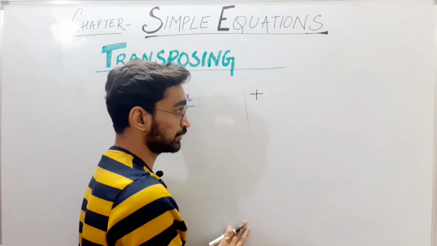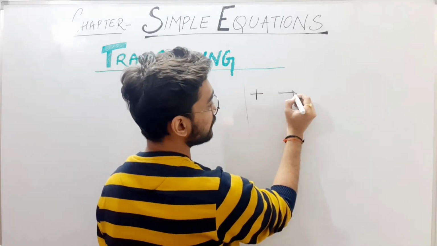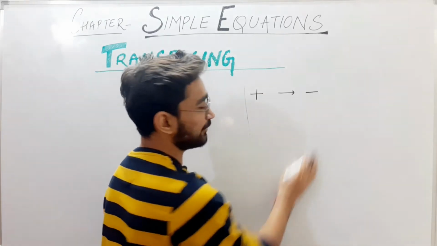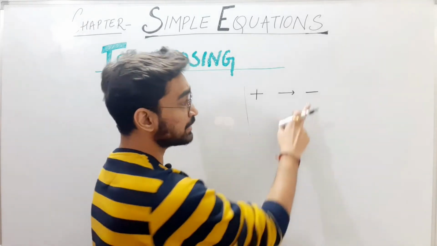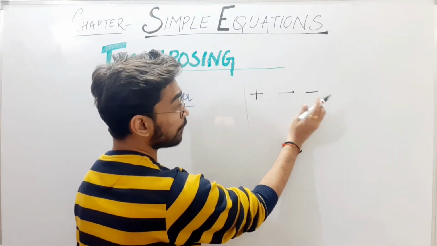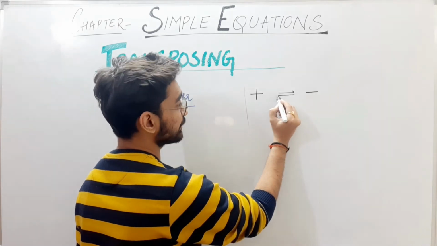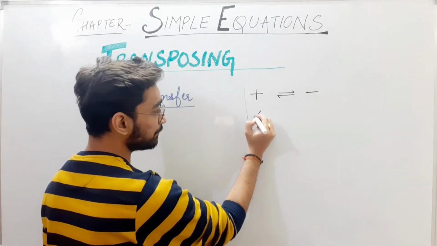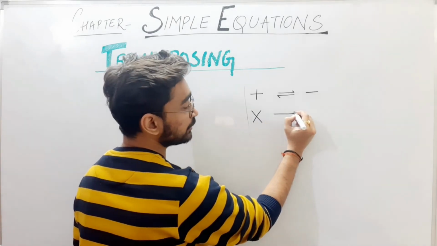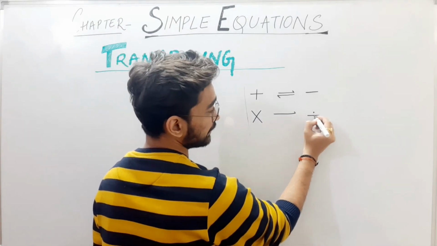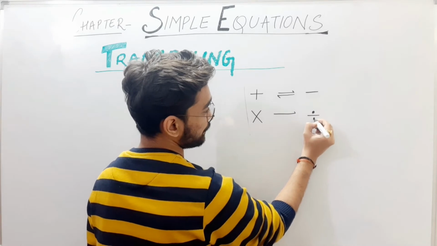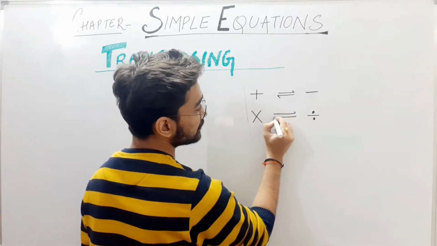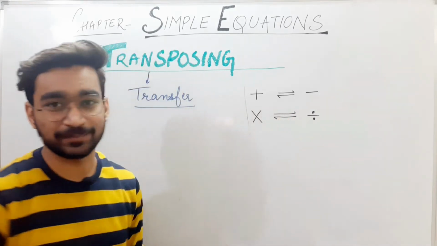The opposite of positive is negative, and the opposite of negative is positive. What about multiply? The opposite of multiply is division, and the opposite of division is multiply.